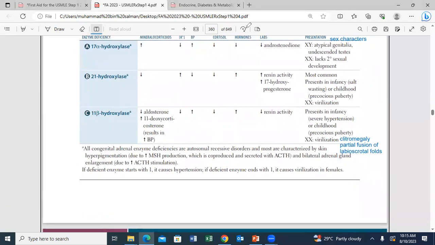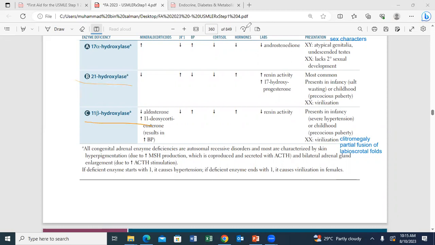All right. Now I told you the clinical presentation in which there is decreased testosterone, right? There may be a male who is presented as a female, or there may be a female with no secondary sexual characteristics. But what will be the clinical presentation of increased testosterone, which is the case in 21 hydroxylase and 11 beta hydroxylase deficiency? In both these deficiencies, increased testosterone presents as maybe a female who has an enlarged clitoris.